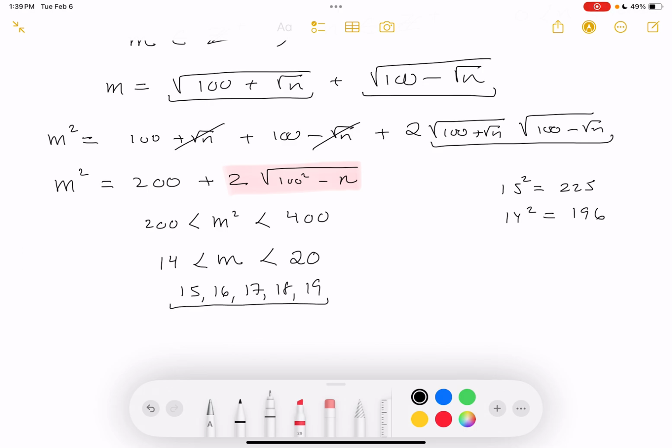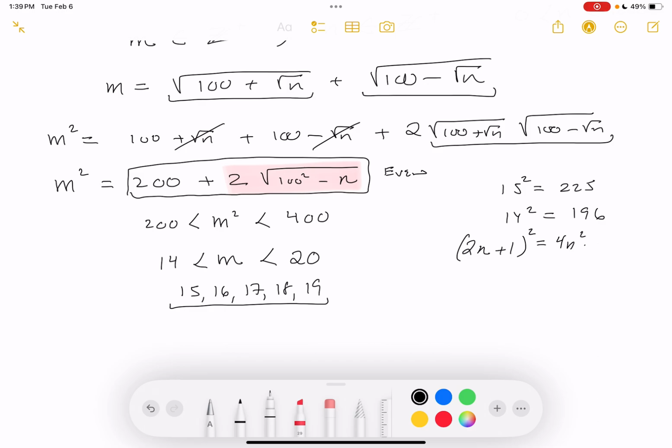However, what I notice about this over here is that it's going to be an even number. So I want to point out some of these numbers that can be discounted, and I'll tell you why. If I took a number, 2n plus 1, which is odd, and you were to square that, what would you get? 4n squared plus 4n plus 1, which would make it odd.